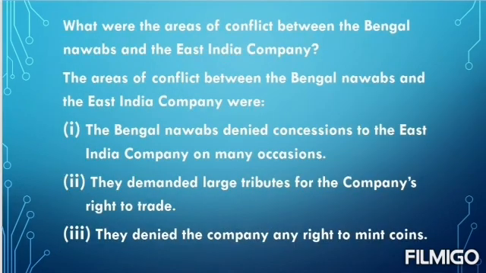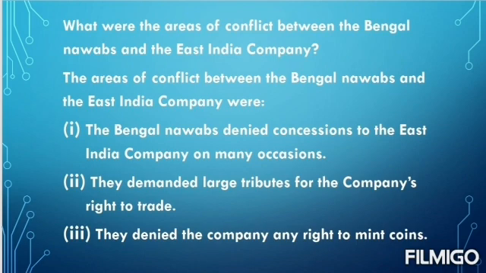Dear children, this is one of the important questions related to our previous topic. The question is, what were the areas of conflict between the Bengal Nawabs and the East India Company? The first one is, the Bengal Nawabs denied concession to the East India Company on many occasions.